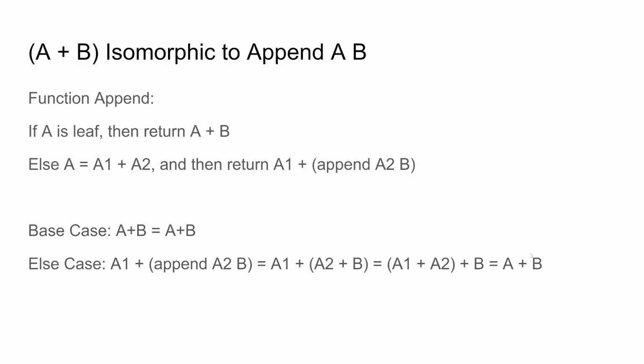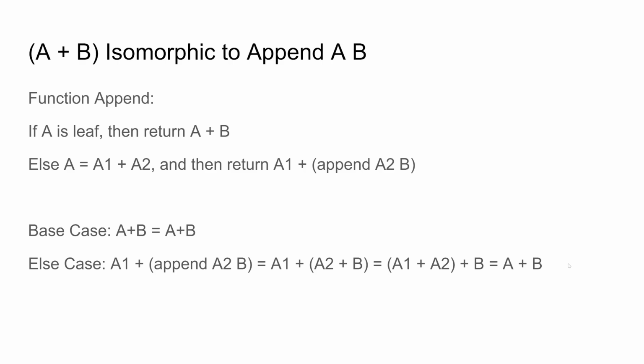Then we could do the associativity property, and we know that definitionally a is equal to a1 plus a2, so that we end up with the result that it is isomorphic to a plus b. So with this algorithm, we can compute a tree that represents the addition.